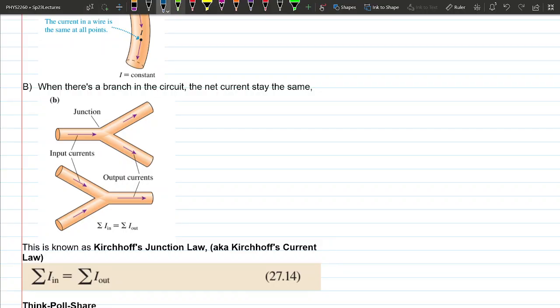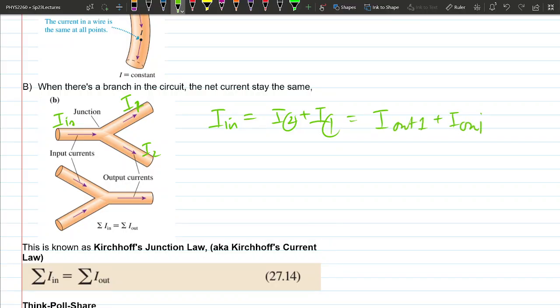So let's say we have some current coming in, and it splits into current 1 and current 2. The relationship between them has to be that the current coming in is going to be current 1 plus current 2, hopefully that makes sense. We'll call this I out 1 plus I out 2, because relative to this junction, this current is coming in and these two currents are coming out.